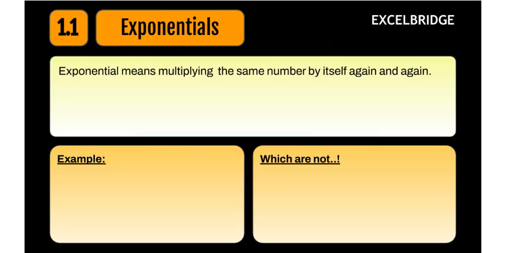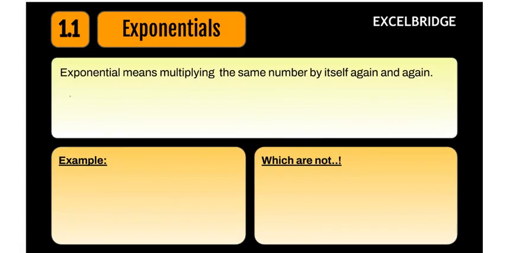So what is exponential? Exponential means multiplying the same number by itself again and again, which is one of the simplest definitions of exponentials. Actually, what does it mean? If we take the number 10 and multiply the same number with it, the result will be 100.